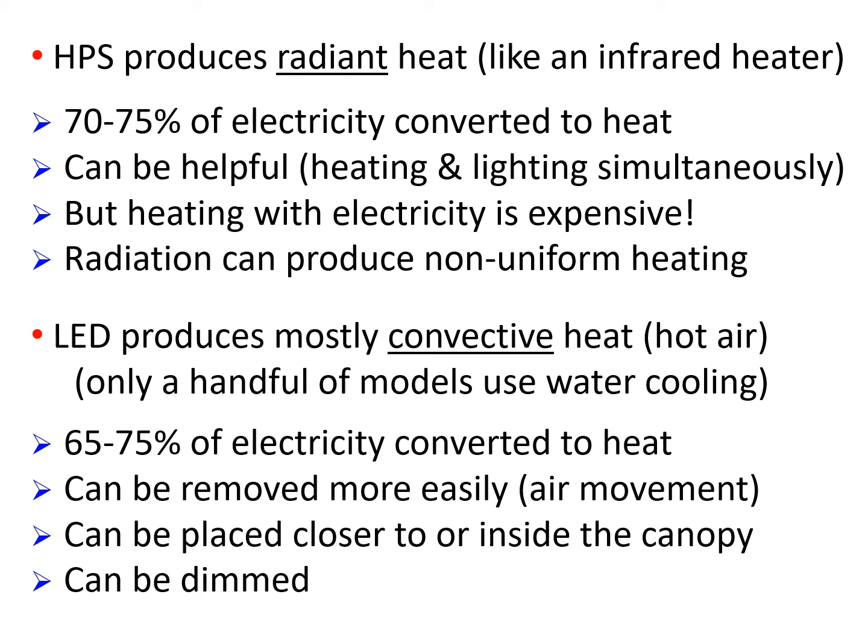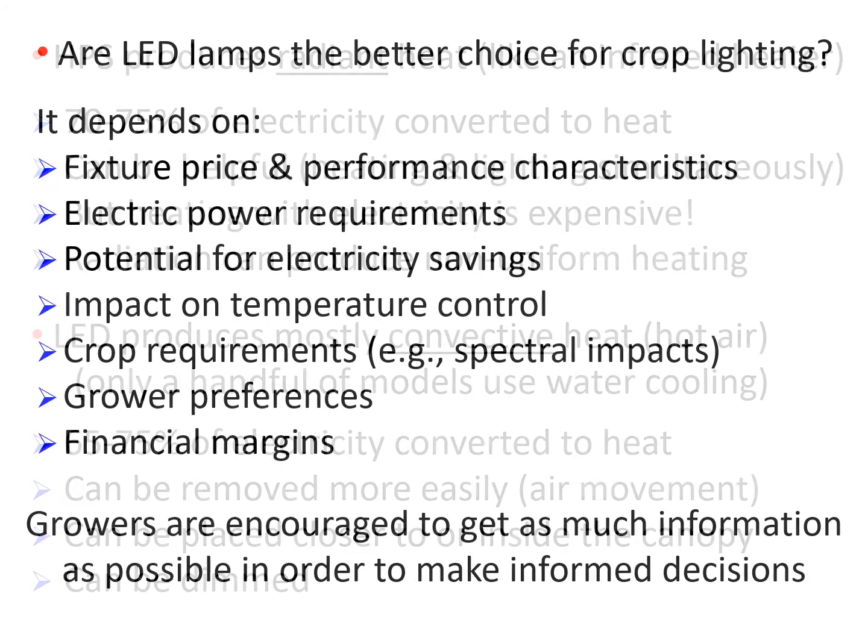It can also cause non-uniform heating, since only surfaces with a direct line of sight from the source will receive the heat. LED lamps, on the other hand, produce more convective heat, often released through a heat sink or an active cooling system. And that heat can be more easily removed from the growing environment. As a result, LED lamps can typically be placed closer to the plant canopy, resulting in lower light losses.